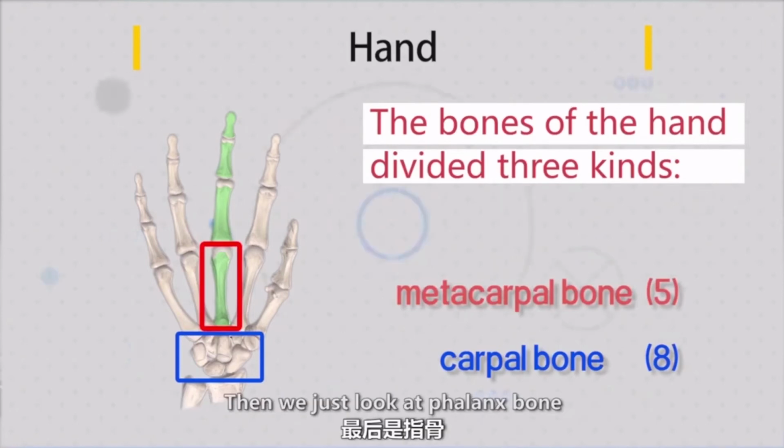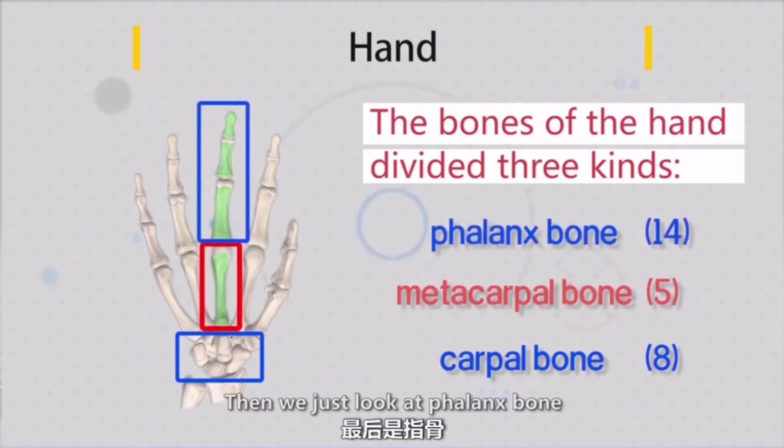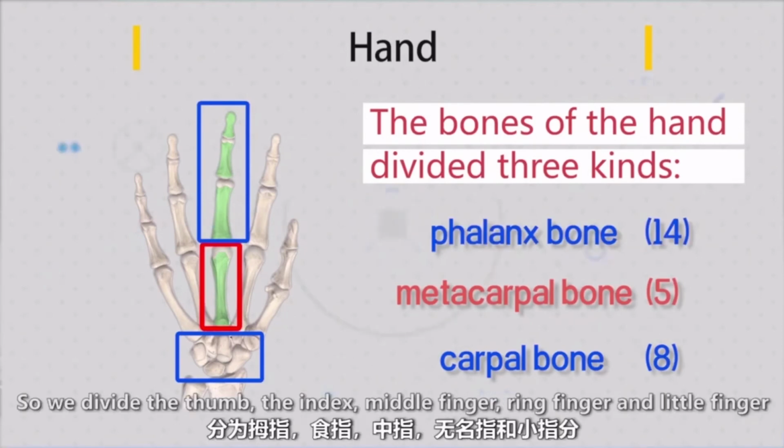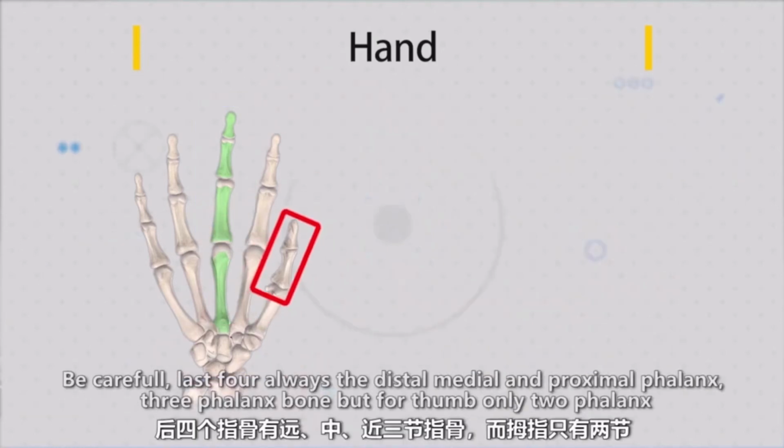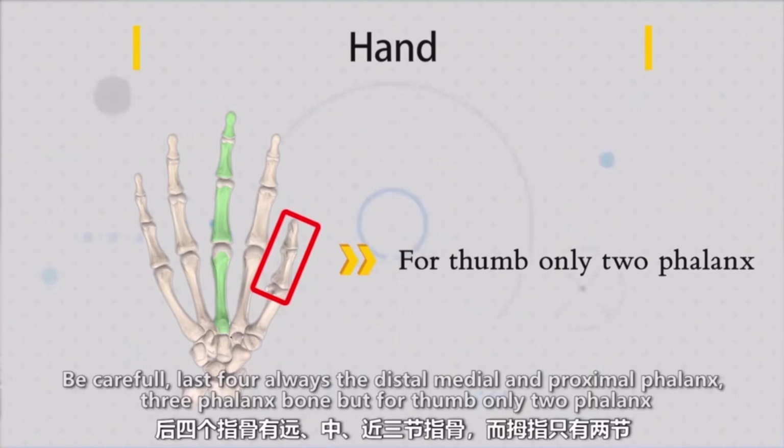And then the phalanges. We divide them into the thumb, the index, the middle finger, the ring finger, and the little finger. Be careful: the other 4 always have the distal, middle, and proximal phalanges, 3 phalangeal bones. And the thumb has only 2.